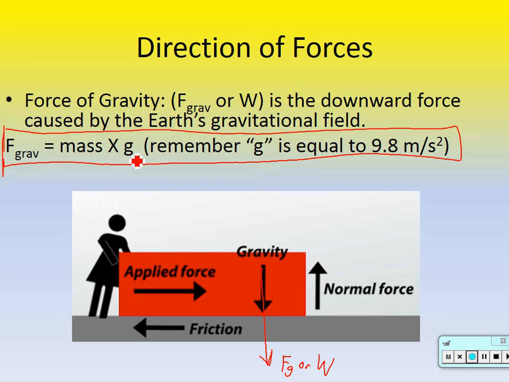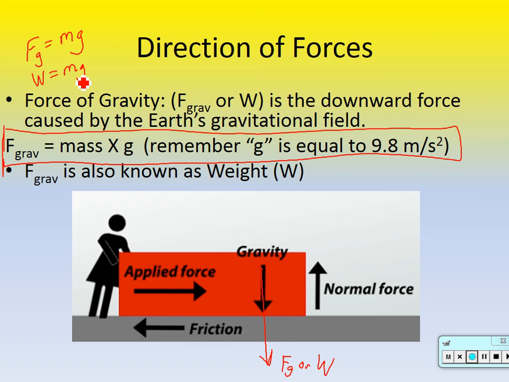So somewhere by your book on the margin, put force of gravity is equal to mg. Could you also have written it like this? Weight is equal to mg? Sure. So I'm going to try to use both of them. Force of gravity is also known as weight.